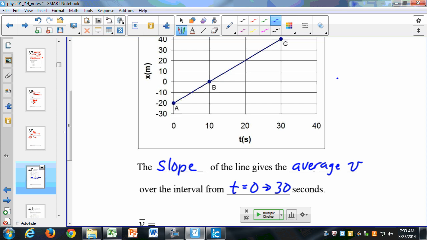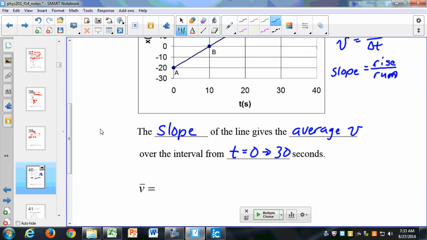Because remember, average velocity is delta x over delta t, and slope is rise over run. On this plot, these are the same, because the rise is my change in x, and my run is my change in t. So the slope of our position versus time graph is the velocity.